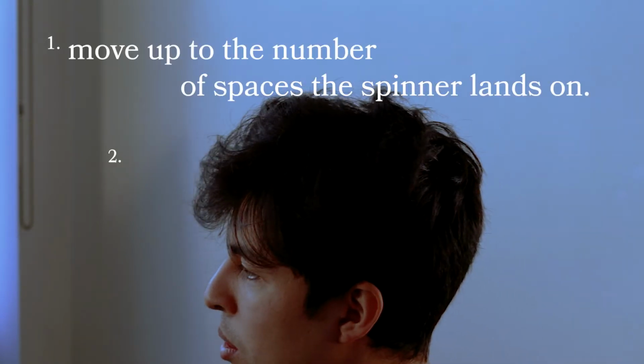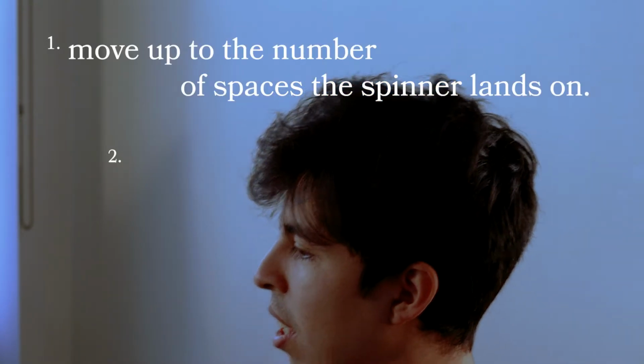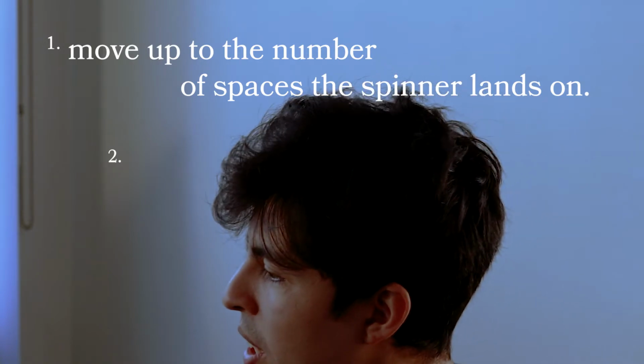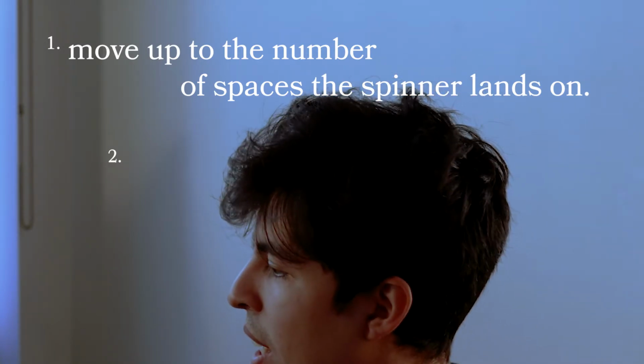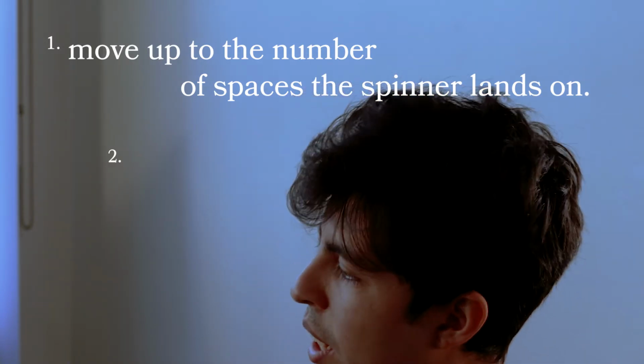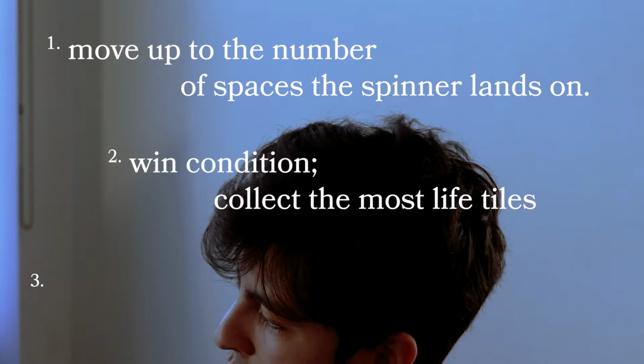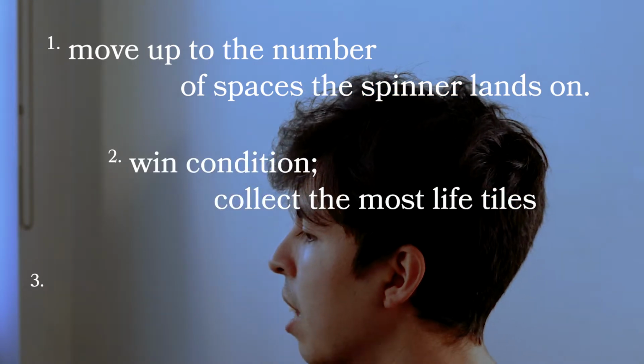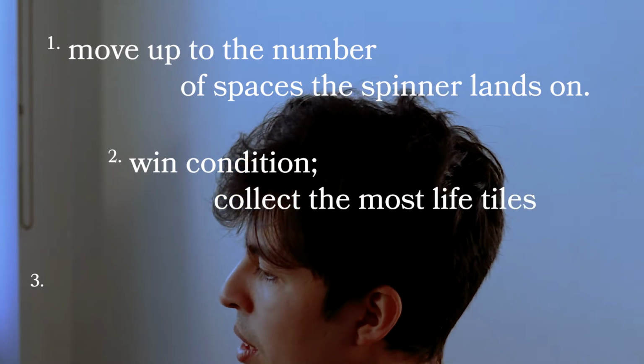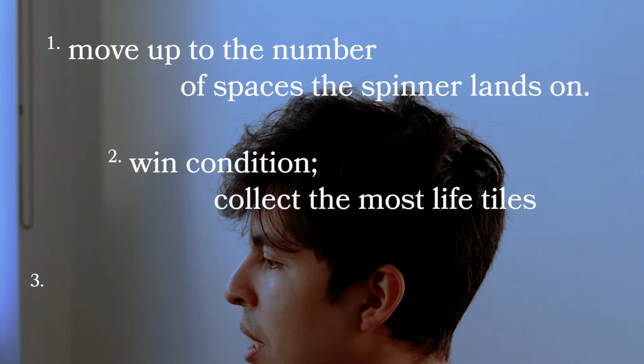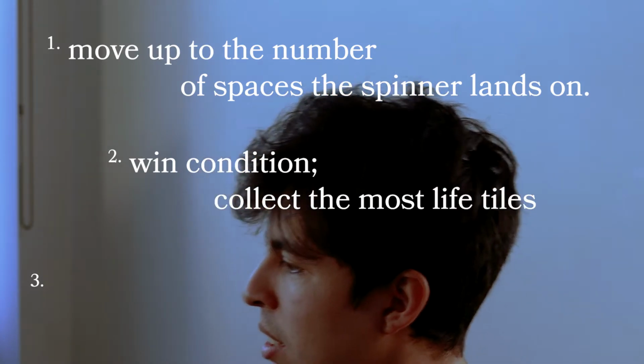The second thing we're gonna do is we're gonna change the goal of the game. Instead of trying to have the most money, we're going to make it so that you have to have the most life tiles at the end of the game. And then the third change is that in order to get the life tiles, when you draw them, you have to pay the amount that's listed on the tile.